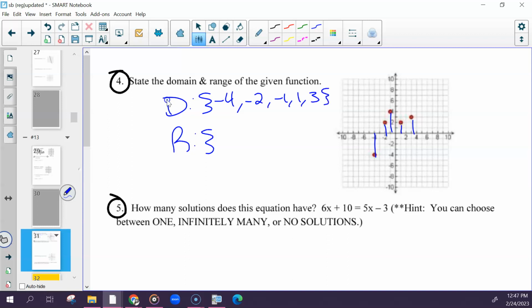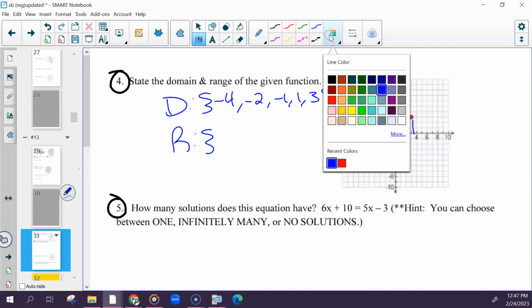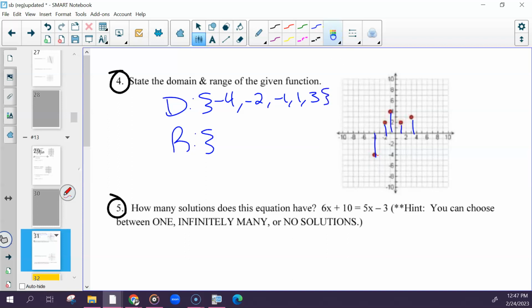And you would list them out without any repeats. Then your range, you would also list out lowest to highest without repeats, but y values, so -4, 2, 3, 4. So even though there are 2 points at y equals 2, we only list it once. Questions on that?